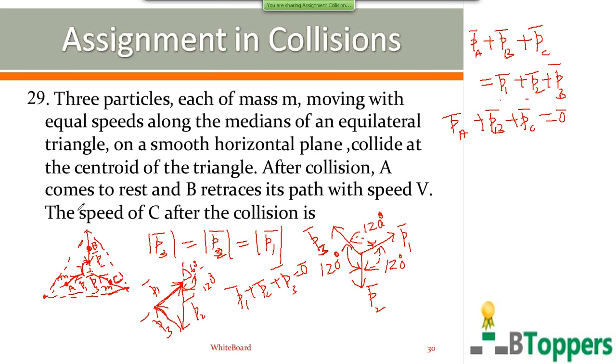It is given that after collision first particle A comes to rest. So the momentum of A after collision becomes 0, so PA bar can be written as 0 bar.